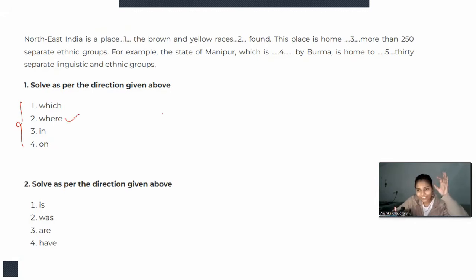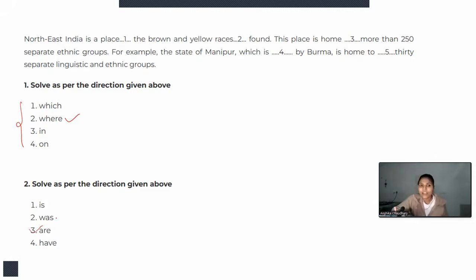Because where is used for referring to a location or a place, not things. Here we are directly talking about a place, so we will use where, and where is the correct word here.